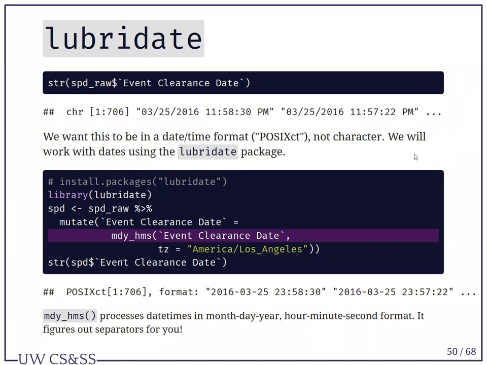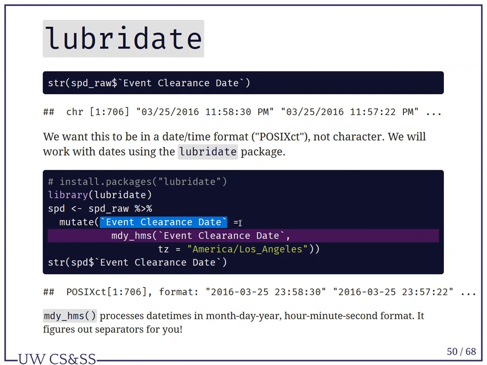One thing that you can do is parse a date using these functions that process date times in the order that they appear in the data. So here we're going to assign to this SPD object the SPD raw data, and then mutate event clearance date.